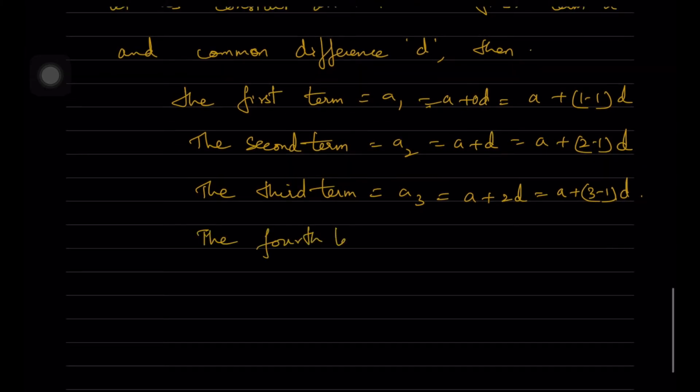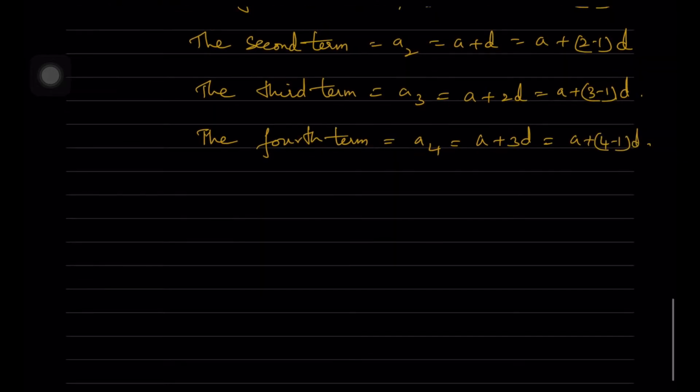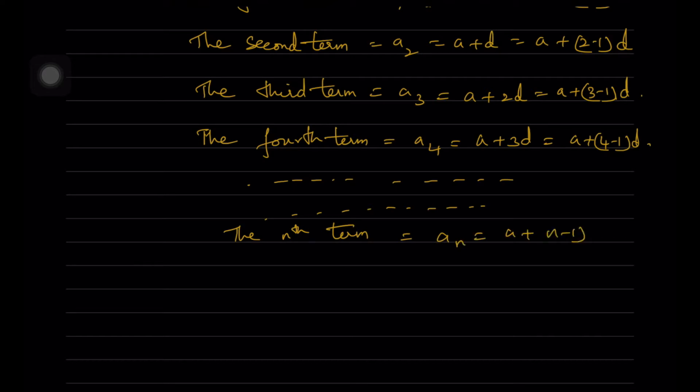The fourth term a4 is equal to a plus 3d, which is a plus 4 minus 1 into d. The nth term is a plus n minus 1 into d.